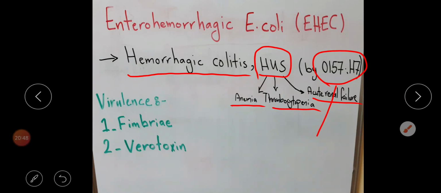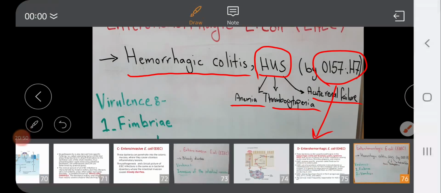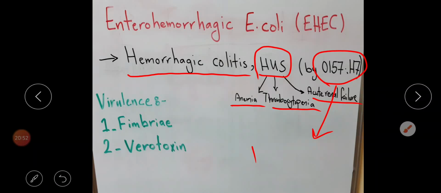This is very important for you, because it is important to know this number. So when we isolate E. coli with this serovar O157:H7 from a patient, we will keep in mind that this patient is susceptible to hemolytic uremic syndrome.